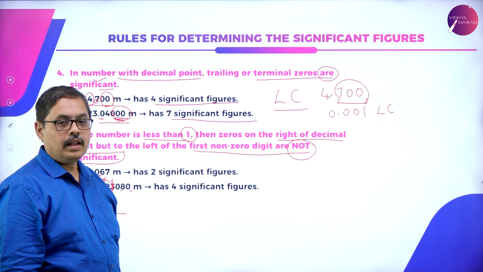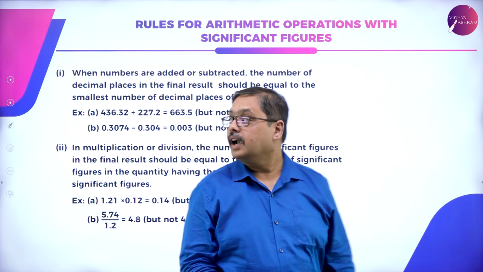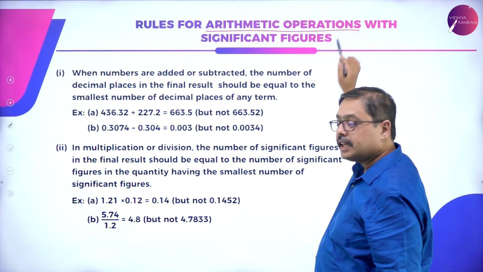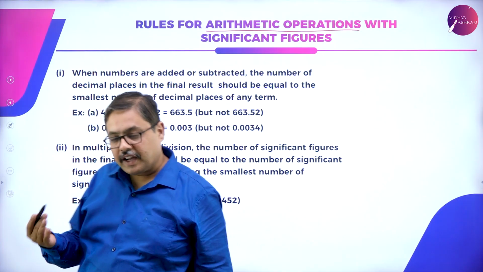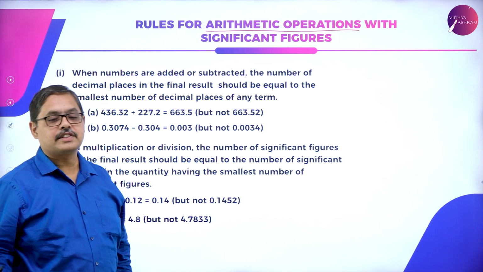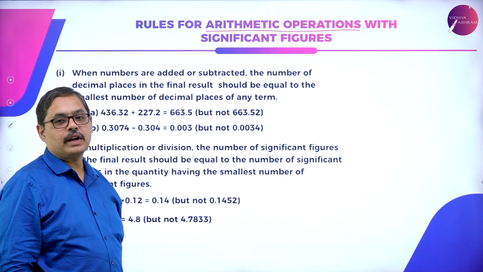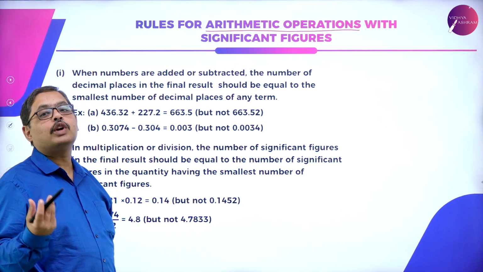Now let us move to one important concept regarding arithmetic operations with respect to significant figures. If I have to add, subtract, multiply, or divide two significant figures, how should I do it?